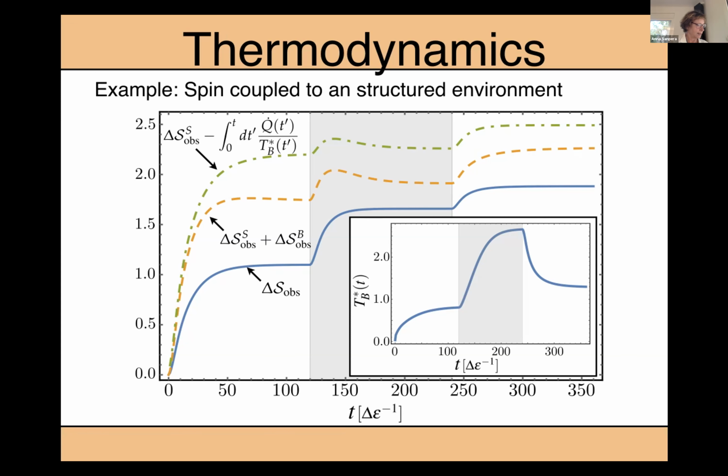The orange, of course, is bigger than the blue because we are also adding the entropy increase of the bath. And finally, the green line shows the Clausius inequality. When we calculate this effective non-equilibrium temperature of the bath, the Clausius bound is always larger than the observational entropy of the system.